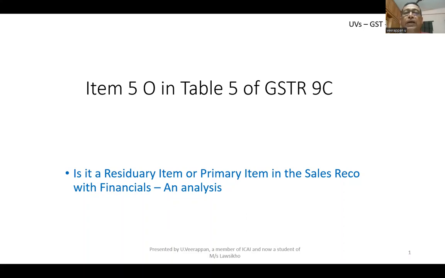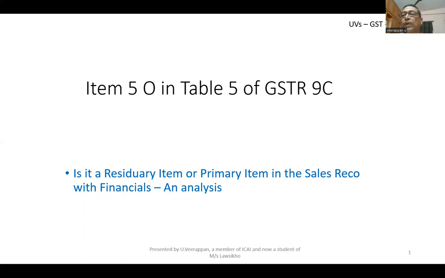That is, from item 5A to 5N are all specific items, and whenever we deal with item 5O, we used to say whatever not falling in the above categories will be grouped here and disclosed.